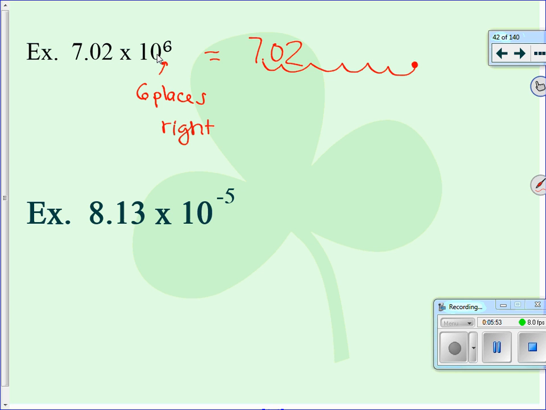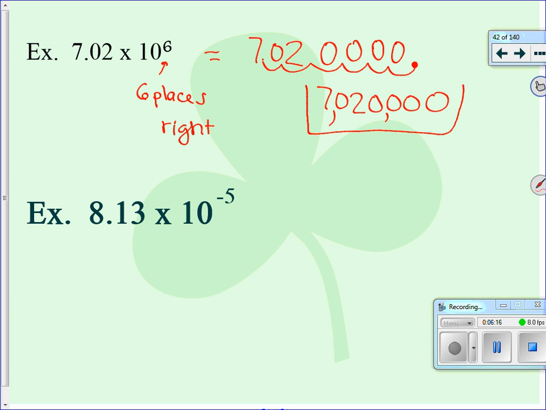And what do I fill in those missing spots? Right? Zeros. So this is actually 7,020,000. That is what the number is in just standard notation, how we read numbers without scientific notation.